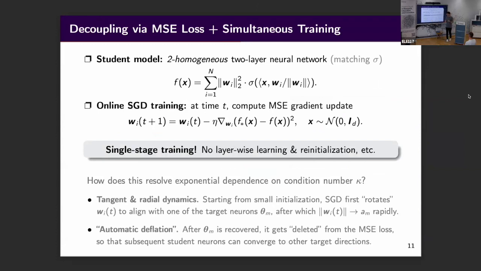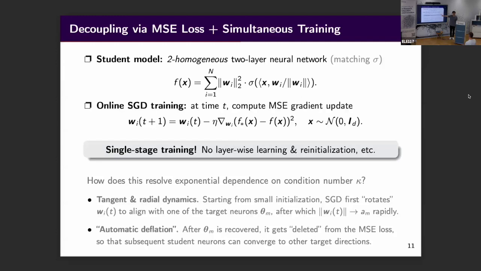After you achieve strong recovery for one direction, the norm of this neuron is also going to blow up, and it's going to converge to the second layer coefficient rapidly, so that this term is essentially deleted from the loss. Now the remaining neurons are no longer attracted to this big direction, and they can converge somewhere else. This is the mechanism that allows us to get away with polynomial width.